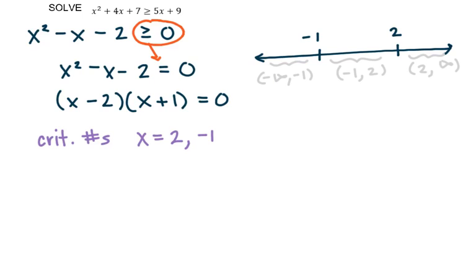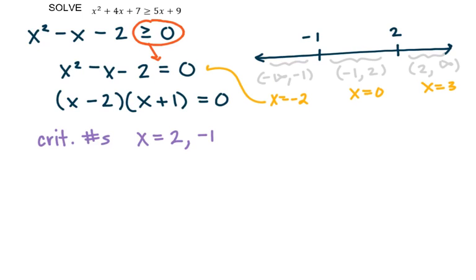You can see this has been broken into 3 separate intervals, and we are going to test any number on each interval. I'm going to pick x equals negative 2, x equals 0, and x equals 3 as my test values.